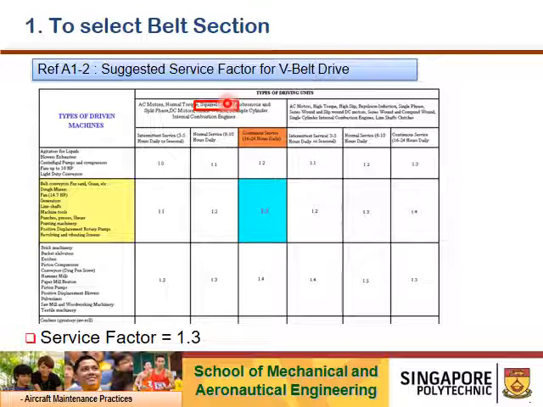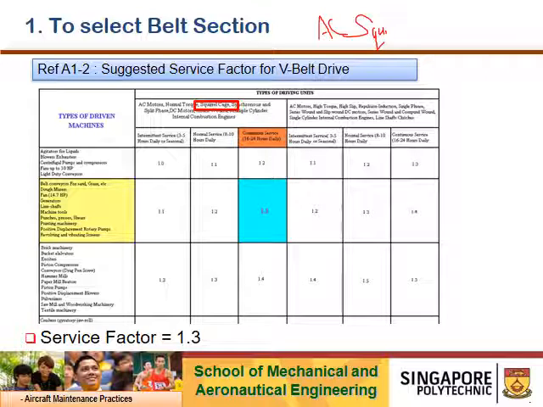Based on the necessary information, just identify which column we want. Look carefully at the types of driving units, that means what type of motor it is. The question refers to an AC squirrel cage motor.